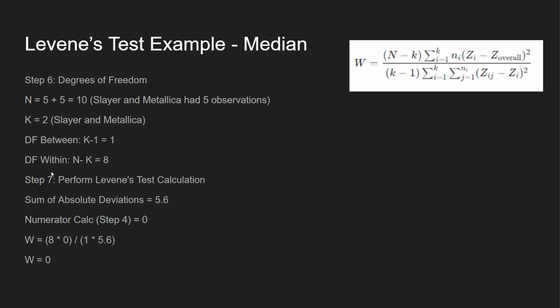Awesome. So now we perform Levene's test calculation. We have the sum of the absolute deviations, 5.6. The numerator calc is going to be 0. So all we do over here is we take 8 times 0, and then we have 1 times 5.6, which is this down over here. And we get a final W value of 0.